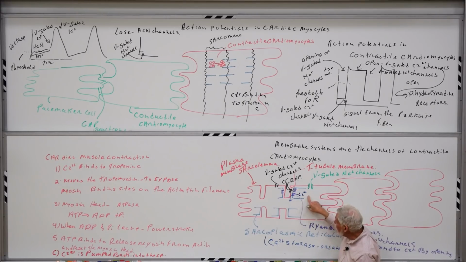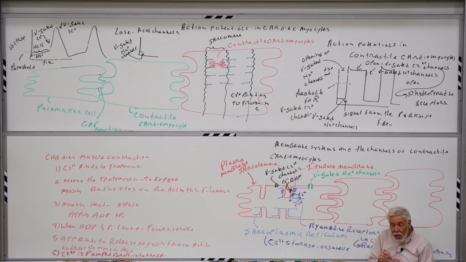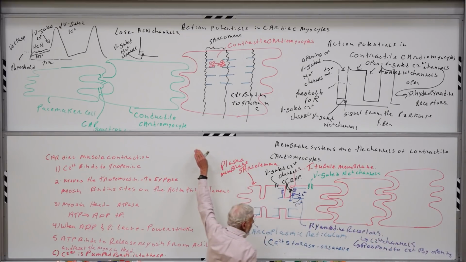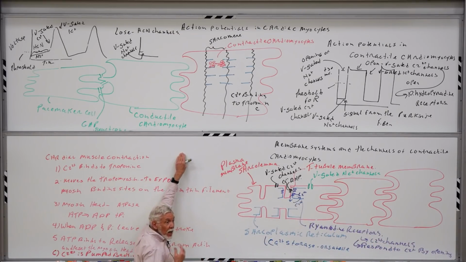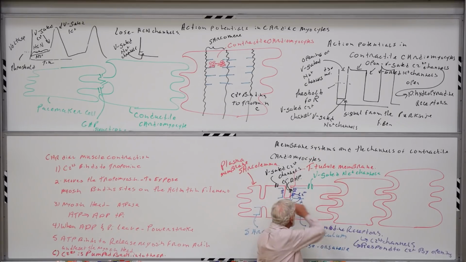And we now cease releasing calcium from the internal storage compartment, and now the pumps can begin to take precedent and move the calcium back into the sarcoplasmic reticulum. And that's the cycle. And then we wait for another action potential to arrive from the Purkinje fiber, triggering the opening of the voltage-gated sodium channels, then triggering the opening of the voltage-gated calcium channels, letting calcium come in, and triggering the release of calcium from the internal storage compartment. The process continues over and over again.